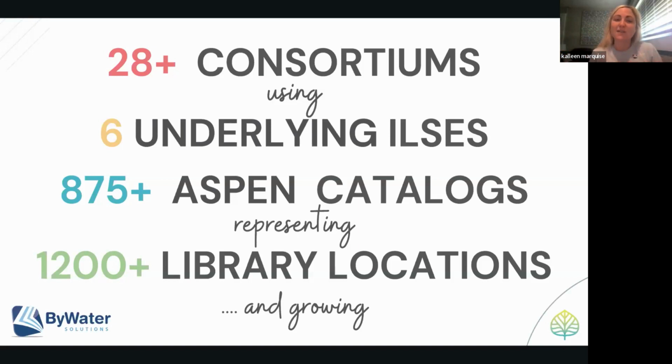Even though Bywater a lot of times is associated with the Koha ILS, we actually support consortiums on 6 different ILSs. And this number of consortiums represents over 875 different Aspen catalogs, and that represents over 1,200 physical locations that are using these catalogs. So it's really awesome to see how great consortiums have taken Aspen under their wings and are utilizing this.